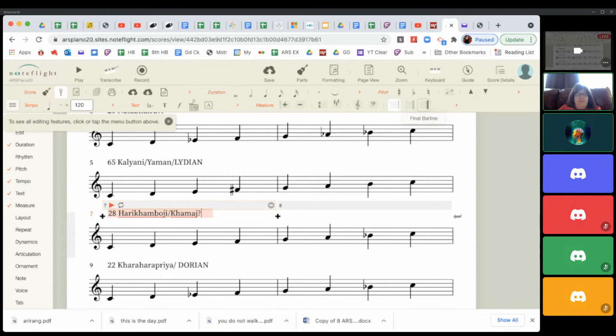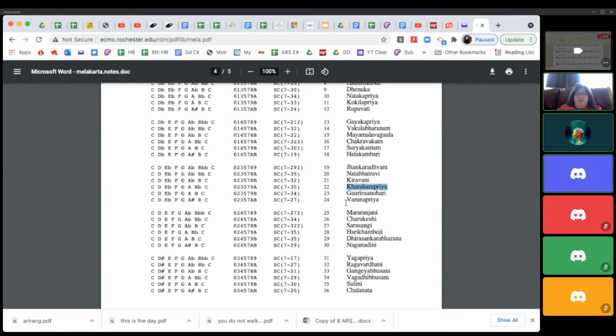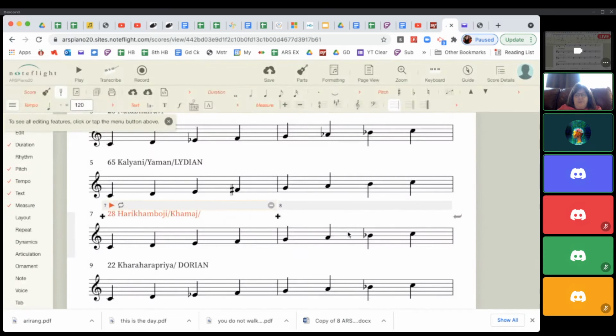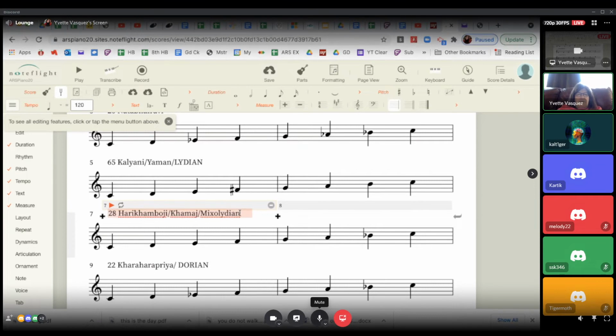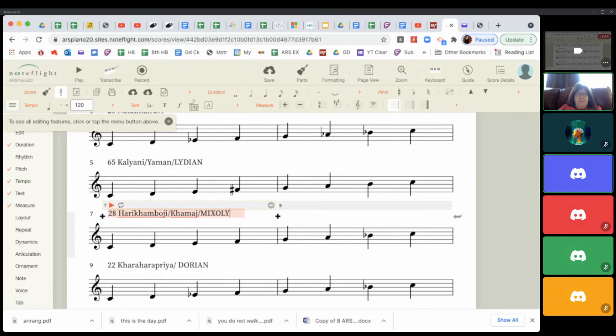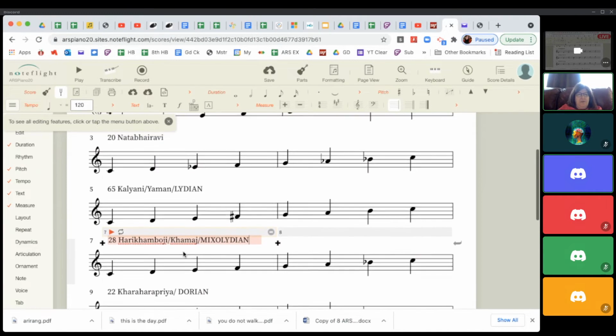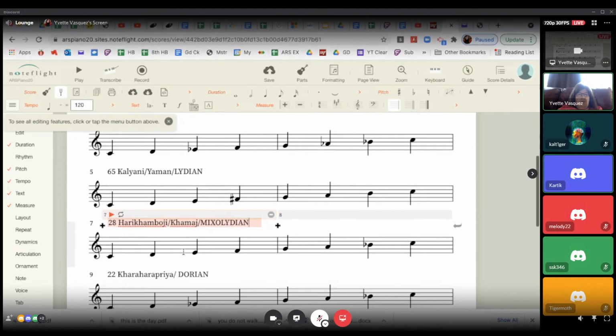Okay. So we got that. And this is the Mixolydian. Mixolydian. Oops, I should have put it capital. Sorry.